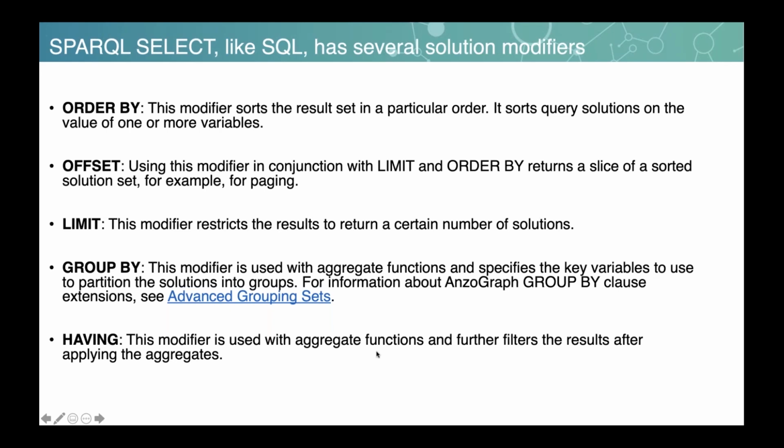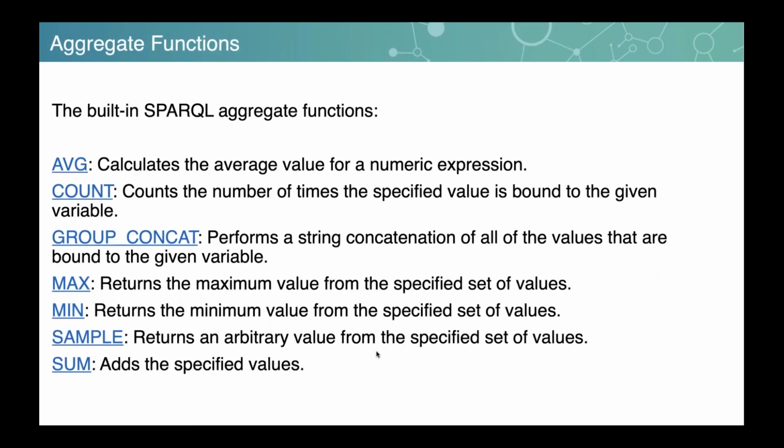So pretty much anything that you can do in SQL, you can do in SPARQL because it was inspired by SQL and it has pretty much all of the same functionality as the SQL query language. So these are some of the aggregate functions that you can find: average, count, group concat, max, min, sample, and sum.